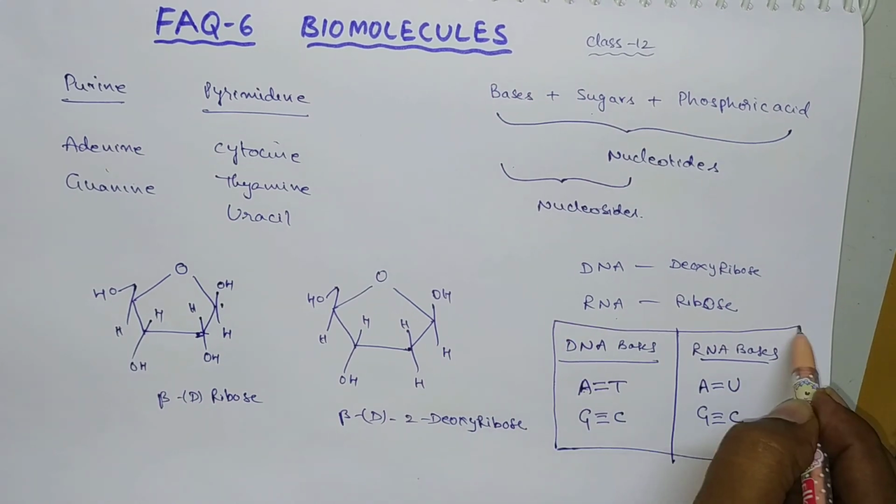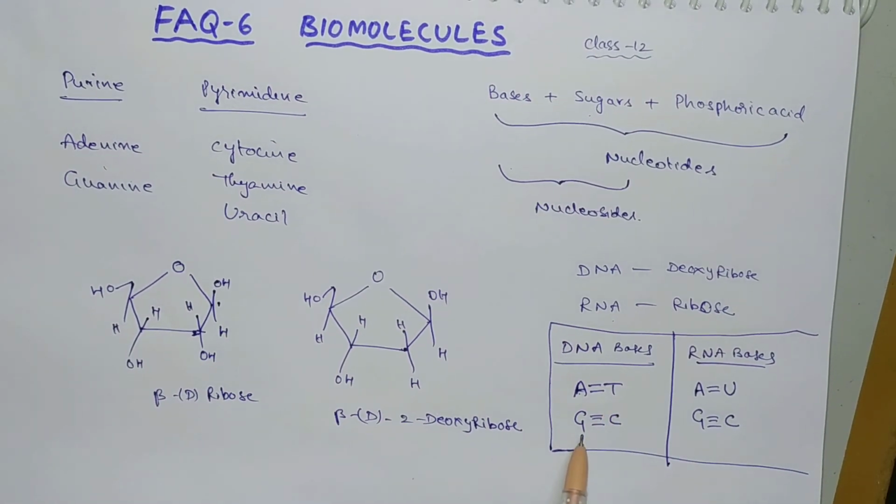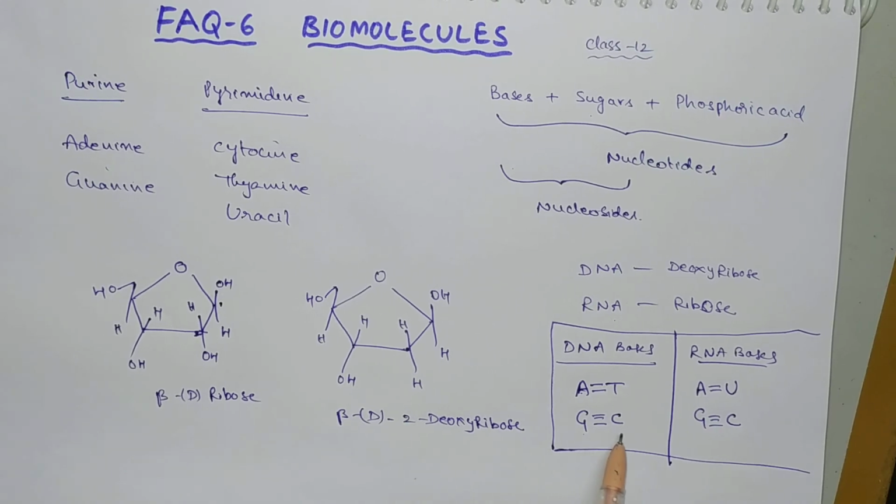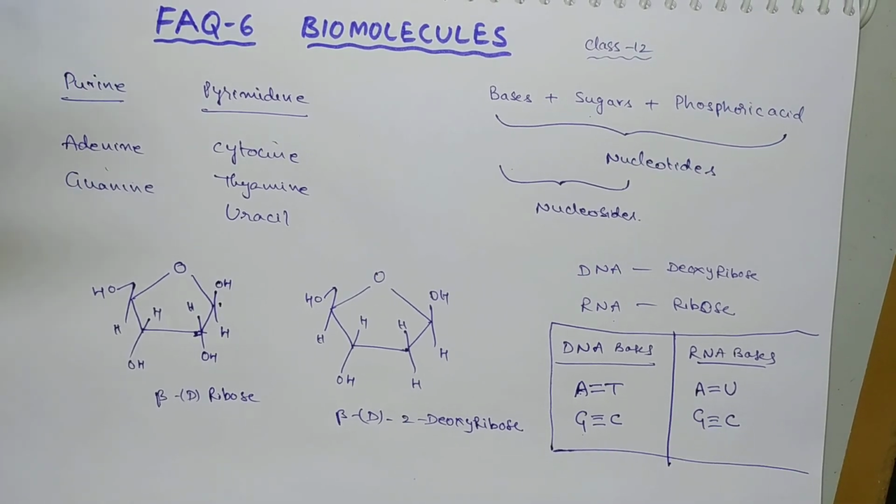In RNA, the thymine of DNA is replaced by uracil only. These bonds are nothing but hydrogen bonds. So this is about DNA and RNA, that is, about nucleosides.